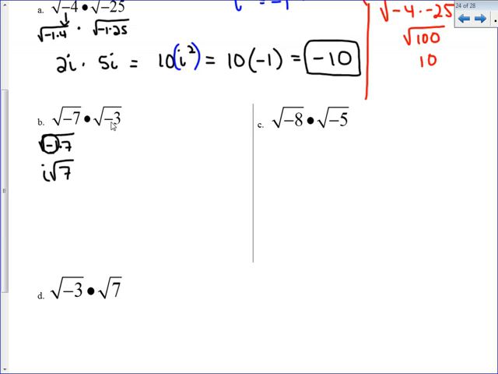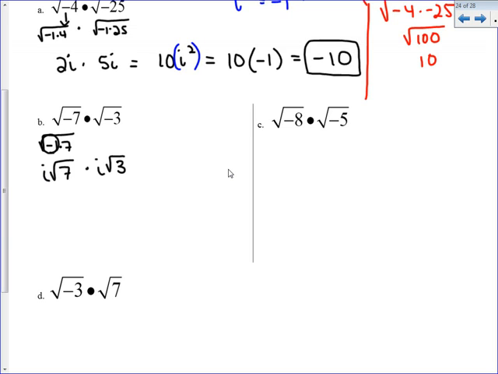And once you get that imaginary unit out front, these are both real. Square root of 7 and square root of 3, which means the product rule is back. So all you got to do is take the i out, and then you can use your product rule, because these two square roots are now real. So this is i times the square root of 7 times i times the square root of 3.